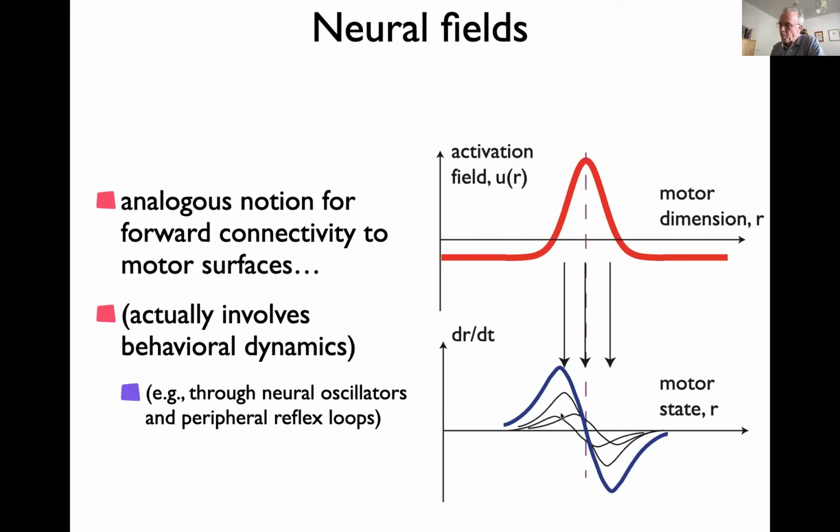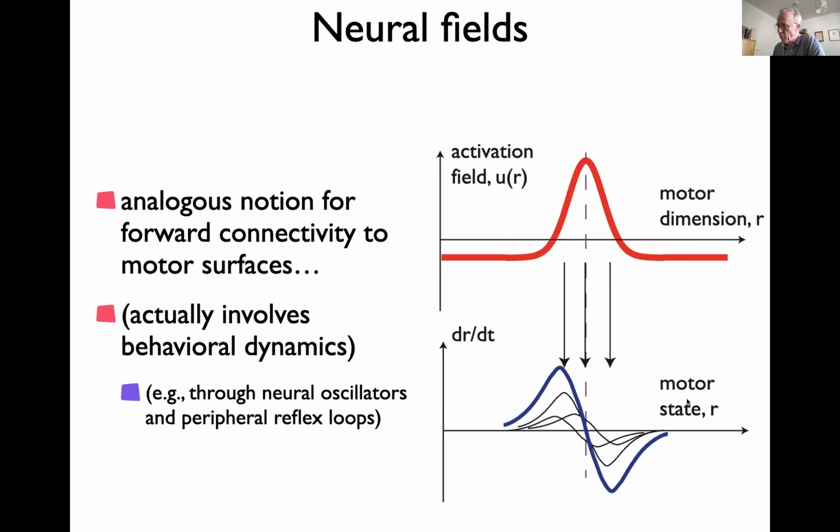Then you could say there is a regular rule for how the location of the peak of activation, or the pattern of activation, determines what kind of motor response you get. That gives meaning to this activity pattern. It turns out to be a little bit more complex, because motor systems are always actually dynamical systems physically.